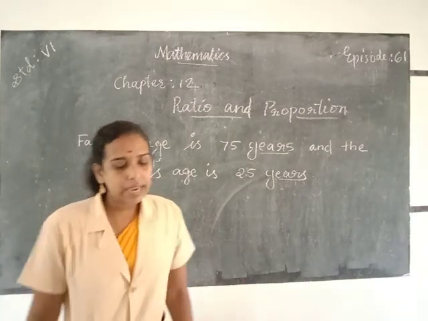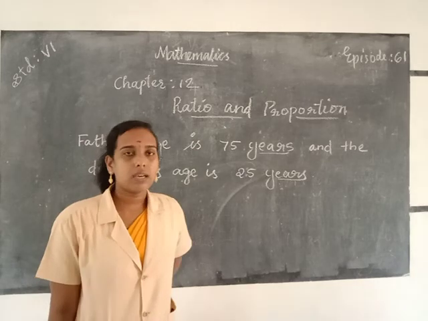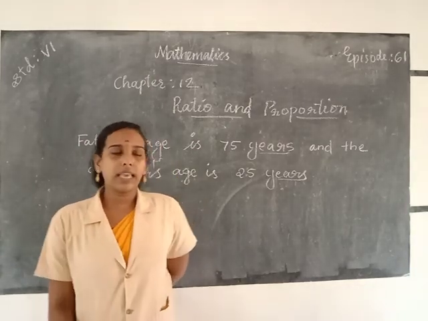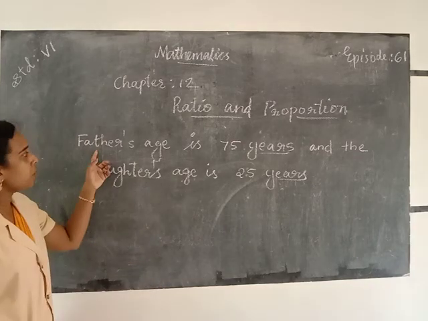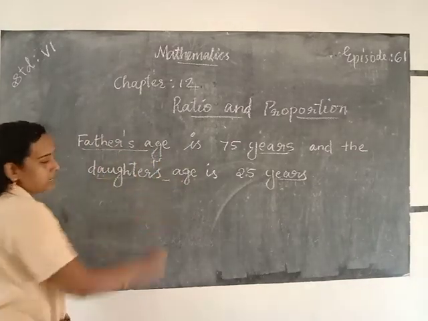How can we write the ratio of these two quantities? We want to find the ratio of father's age to daughter's age.